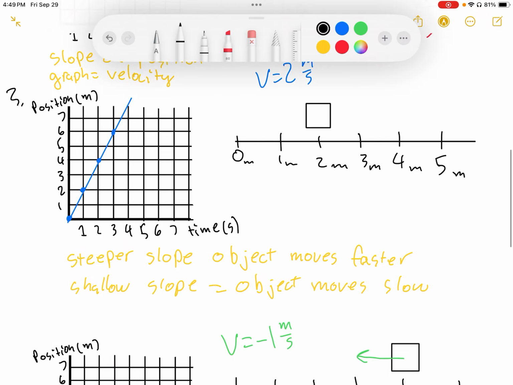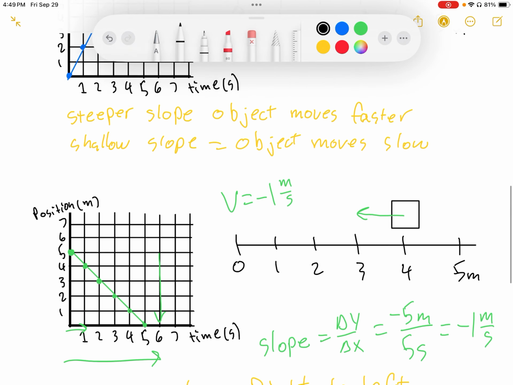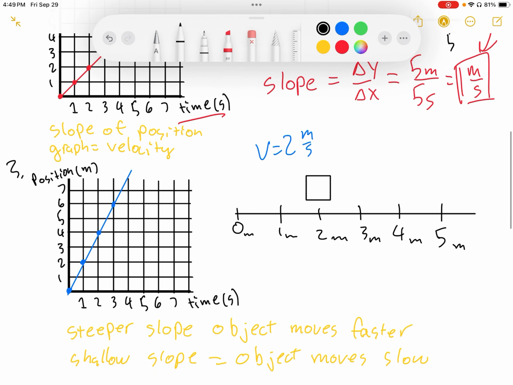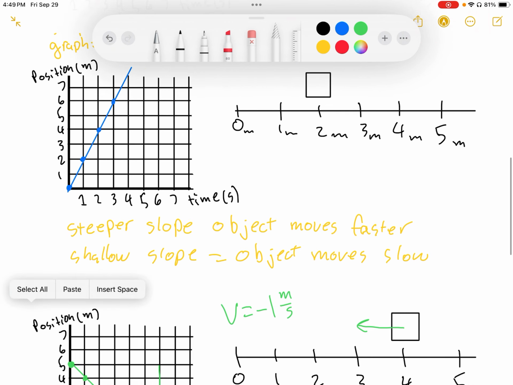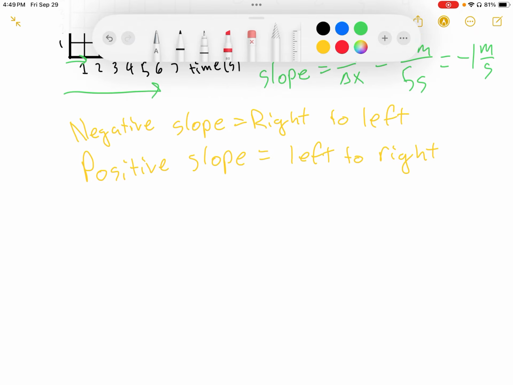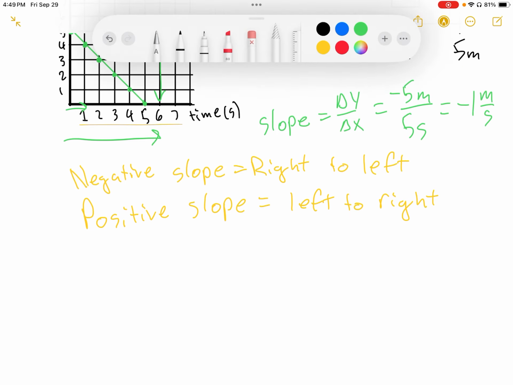Now this one's a little tricky. Acceleration means that our velocity is constantly changing. And you and I can work together on this on Tuesday because this is a little bit trickier, but not really.